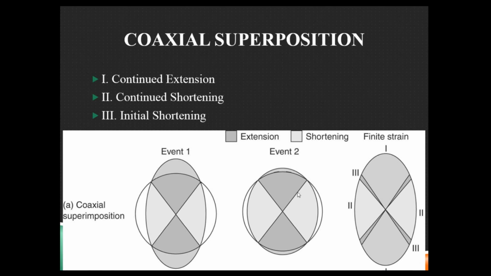In the second event, they happened to fall within the dark blue and be part of the extension. They were extended. So these small regions of the rock had initial shortening followed by extension.